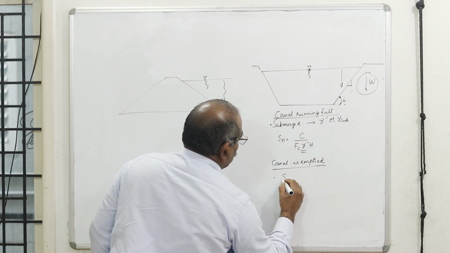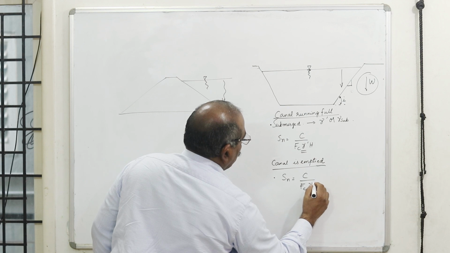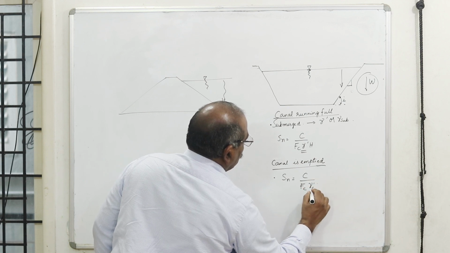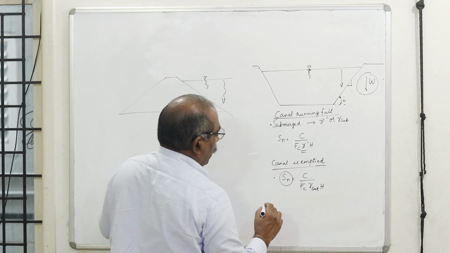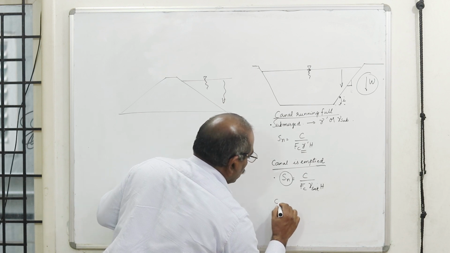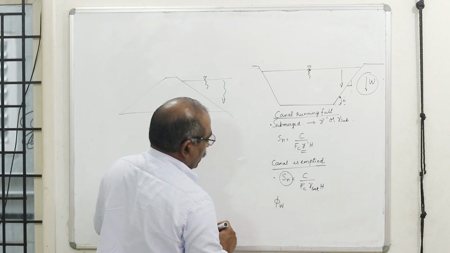Therefore, what do I need to do? I need to use Sn equal to c by Fc gamma saturated into H, and while evaluating this I need to use phi. What phi do I need to use? Here I need to use a weighted angle of friction.